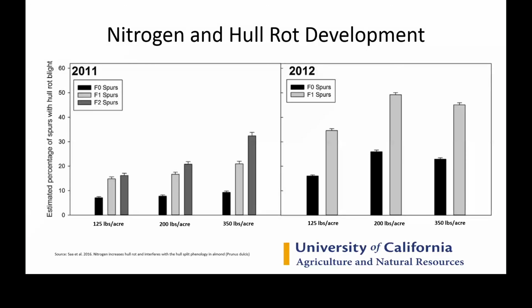The work that was done by Sebastian Sa, who's now at the Almond Board, showed a significant increase in the incidence of hull rot as we increase nitrogen fertilization. In a nutshell, if we use nitrogen excessively and over fertilize, that is a major contributor to hull rot.